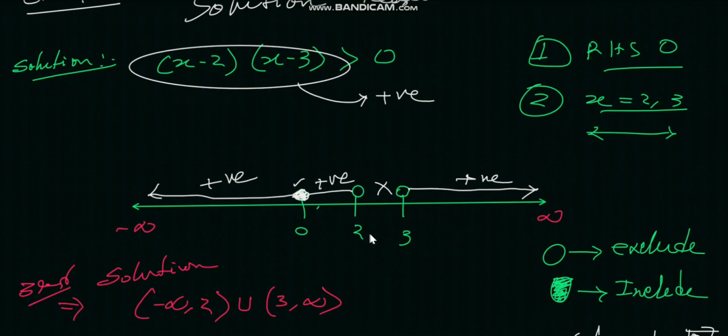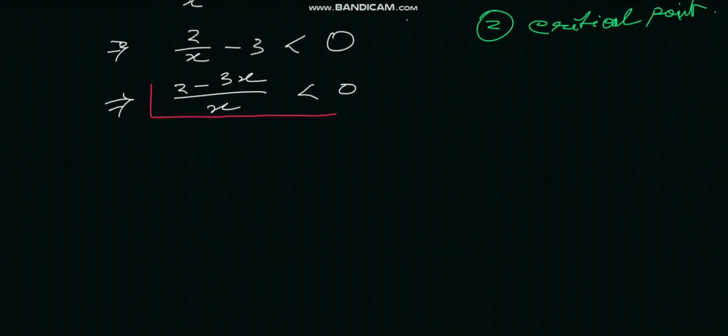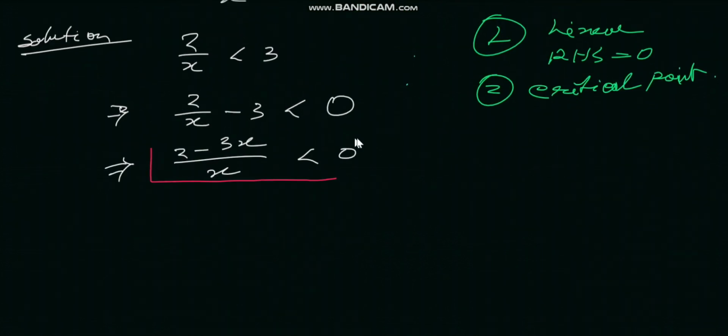That's why these numbers are called the critical points of the expression. In this expression, if we make the numerator 0, the x value will be 2 by 3. So 2 by 3 will be the critical point for this expression.